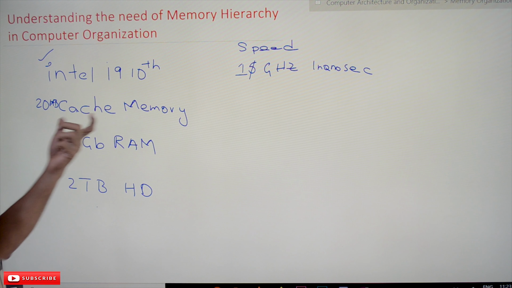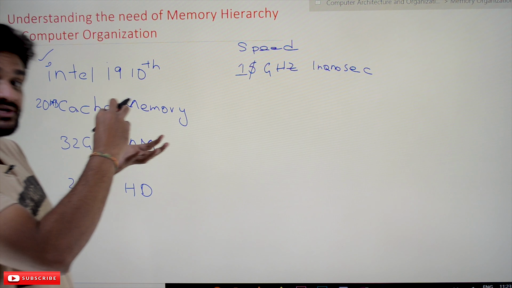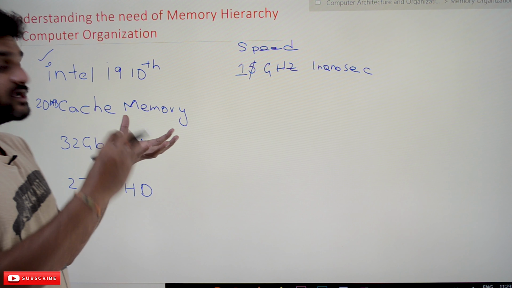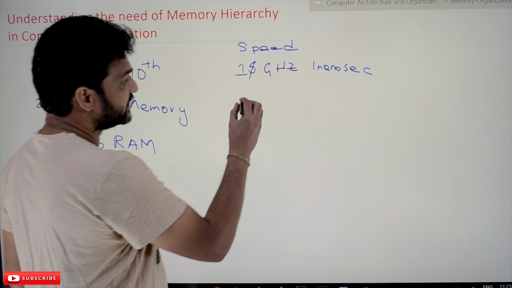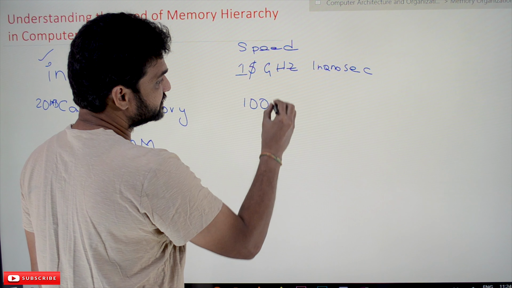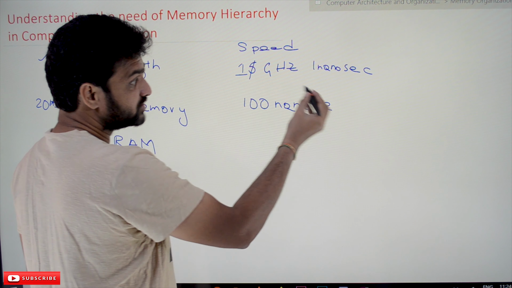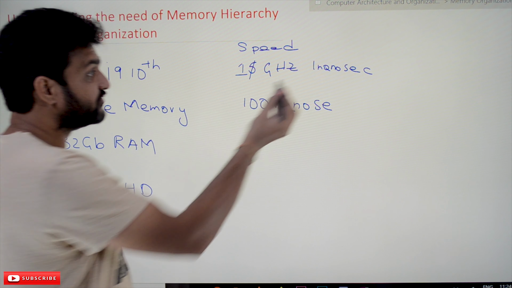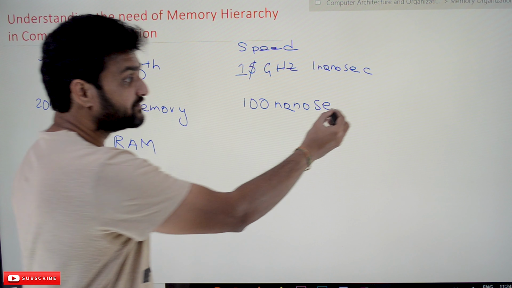And what is the speed of this cache memory? In order to fetch something from this memory, the cache memory is going to take 100 nanoseconds. So let's try to visualize the speed of the processor with respect to the memory.